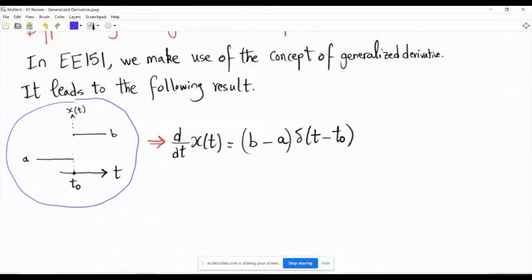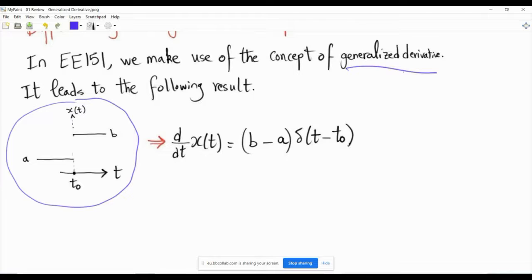So in this case, we will not say that this function is not differentiable at t0, which is the classical result. We use a concept called the generalized derivative. It is a concept, by the way, that is defined in a rigorous mathematical way, and interestingly, the generalized derivative is defined in terms of an integral. But again, let's not bother now with the details.